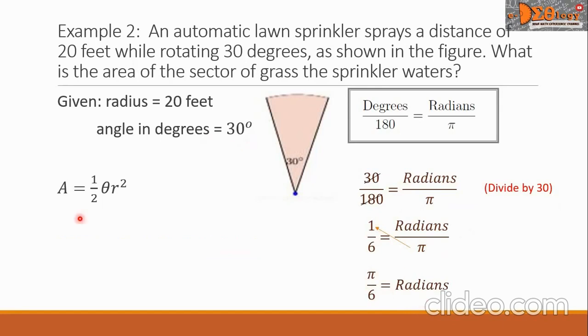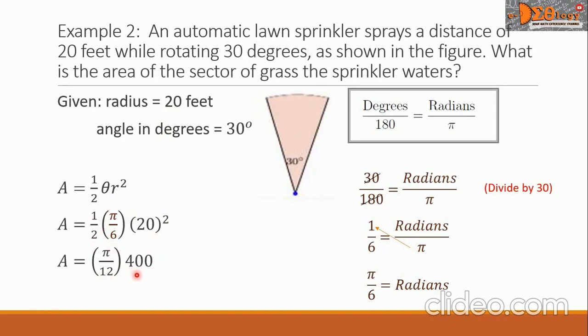We can now substitute the values in our area formula. So A equals 1/2, the theta, we will now use the value in radians, the pi over 6, times r square, our radius is 20. So we put it here. We will simplify further. We can combine the 1/2 and the pi over 6. We multiply 2 by 6, it becomes 12. So here we have pi over 12, and the 20 square is 400.